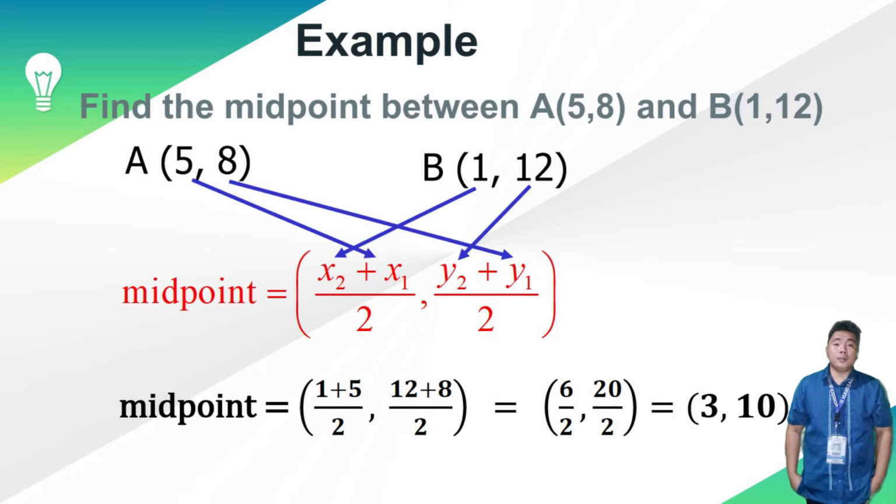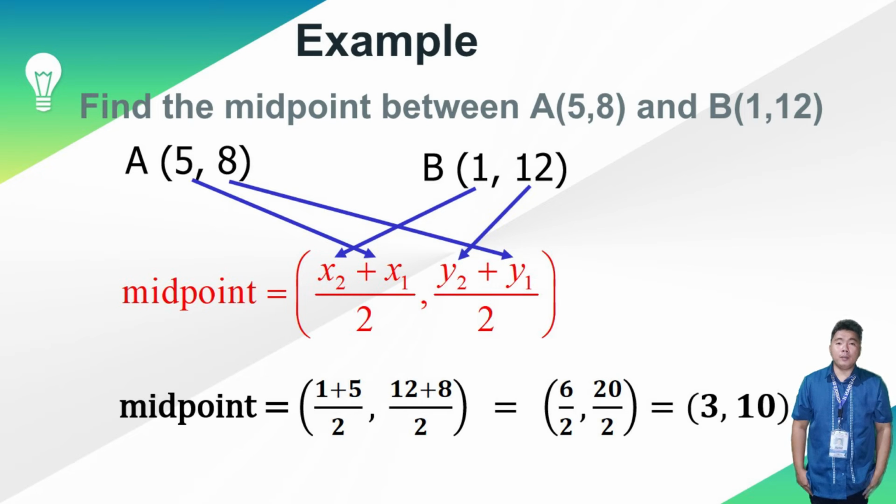Okay, students, let's proceed with the midpoint formula by giving you an example. Find the midpoint between point A, which is in the coordinate of 5, 8, and point B in the coordinate of 1, 12.